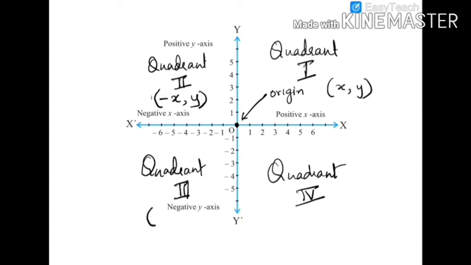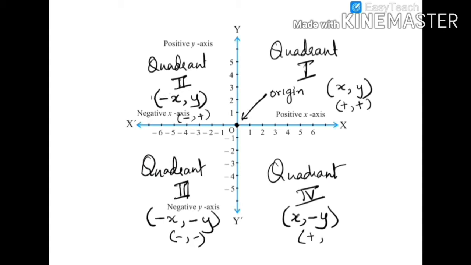So, the points will have negative x coordinate and negative y coordinate. The fourth quadrant is made with positive x axis and negative y axis. So, all points in this quadrant will have their x coordinate positive and y coordinate negative. This is the same as writing plus, plus; minus, plus; minus, minus; and plus, minus.